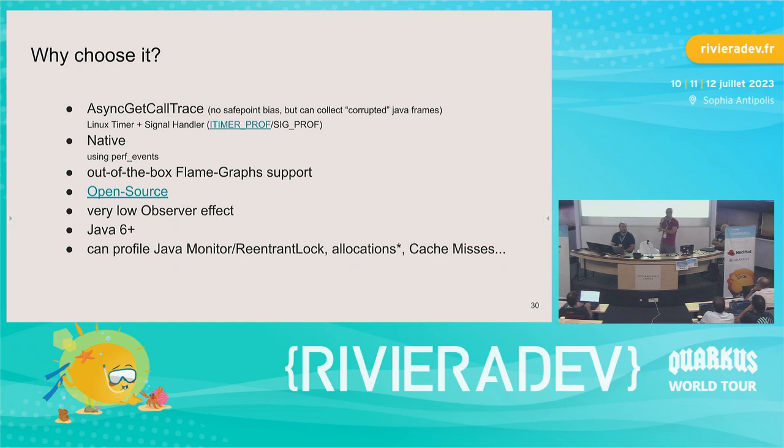And when that happens, if you want this stack trace, it uses perf to match the Java side of the stack trace with the one provided by perf. And then you get the full stack trace of what's going on, okay? You have a very low measured observer effect. It worked in the past with more than Java 6, now probably Java 8.